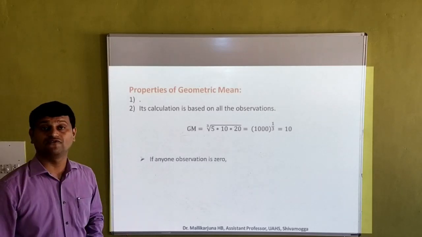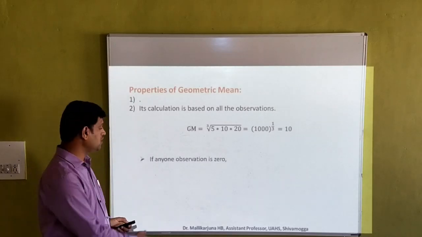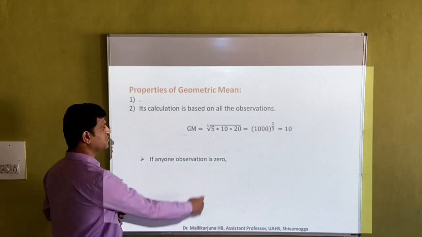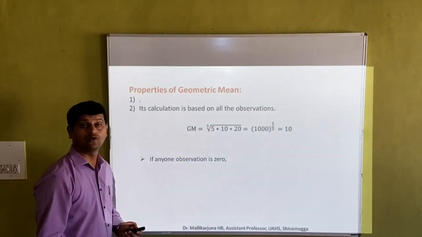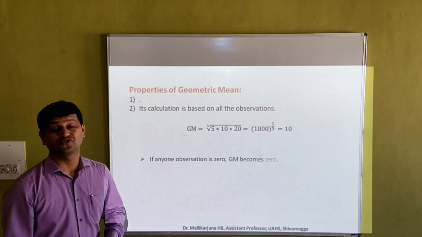This is an additional property. If any one observation is 0, instead of 5 if I take 0, then what will happen? Geometric mean becomes 0.